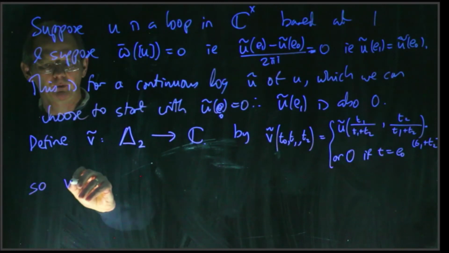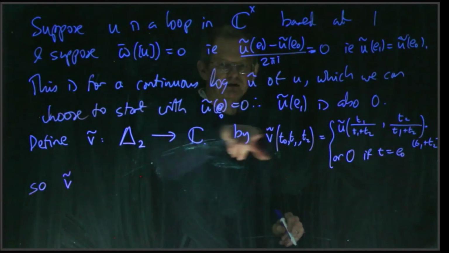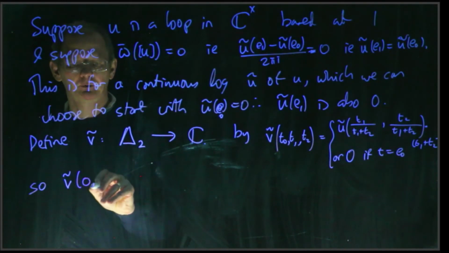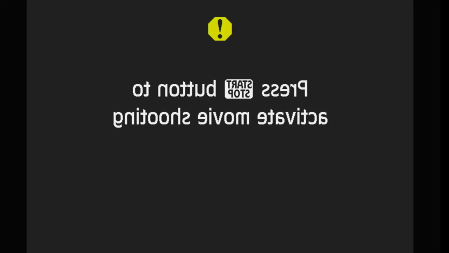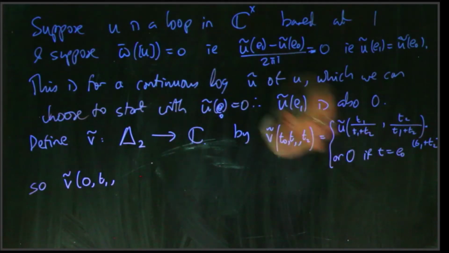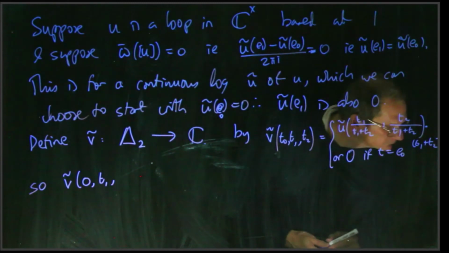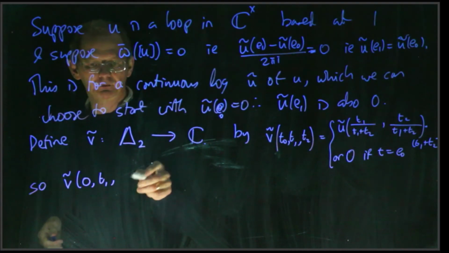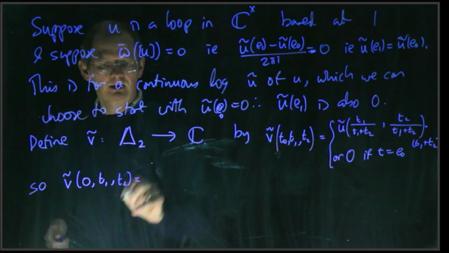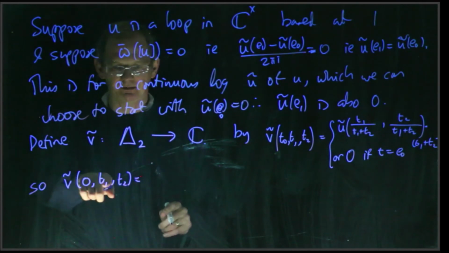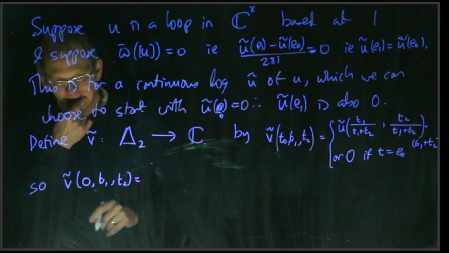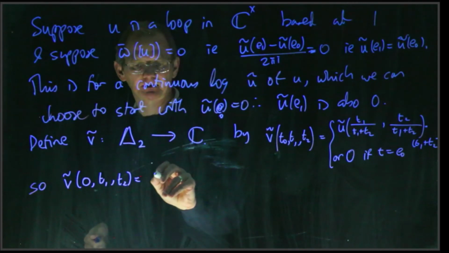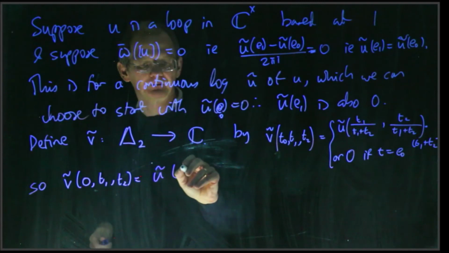So let's have a look at what happens on the edges of this v tilde. If we do v tilde of (0, t1, t2), in this case t1 and t2 are necessarily positive, and t1 plus t2 is necessarily equal to 1, and so here you just get u tilde of (t1, t2).